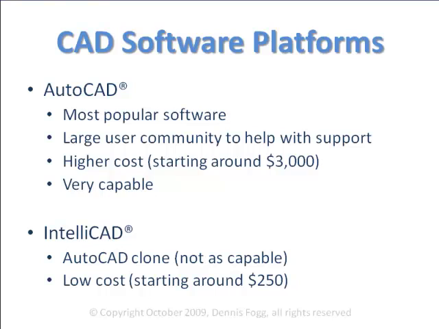Both AutoCAD and IntelliCAD support what are called add-ons or add-ins, which are software programs in their own right that run on top of these applications. Carlson Survey is an example of an add-in. This allows third-party programmers to create custom software for smaller niche markets.